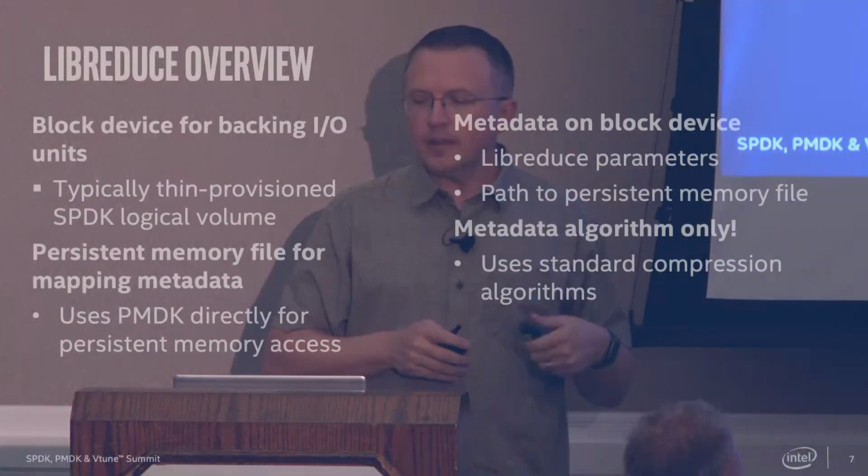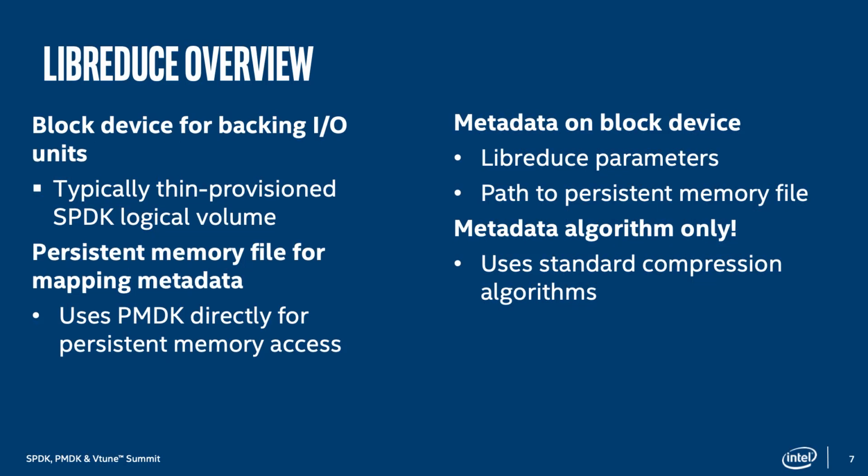So we use this in libreduce to basically put some metadata on the backing block device, saying it's a libreduce volume, and then we also put the path to the persistent memory file in there. The nice thing here is that once you create this libreduce volume, when you reboot, it's just going to automatically be there again. You don't need to do any extra configuration to get that set up.